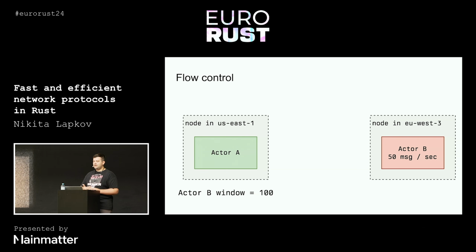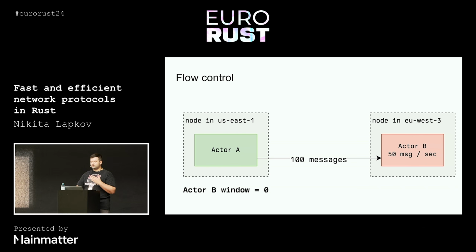In this example, actor B has a window of 100, so this means you can send 100 messages before you wait for the acknowledgement. So actor A does just that, sends 100 messages. Now the actor B window is 0, and the sending side cannot send any more data. The window is closed. You need to wait for the acknowledgement from the receiving side.